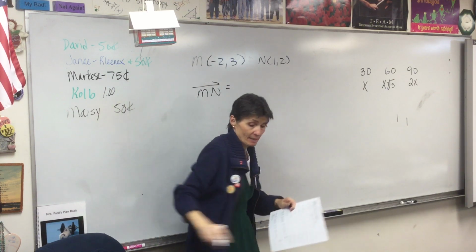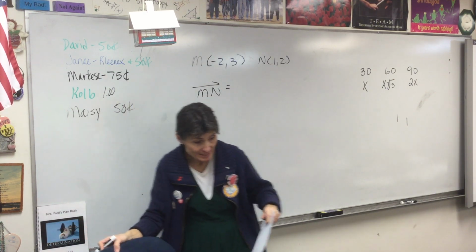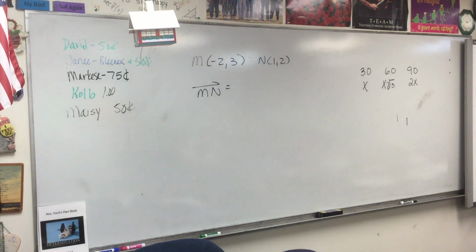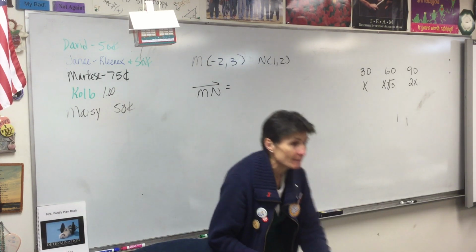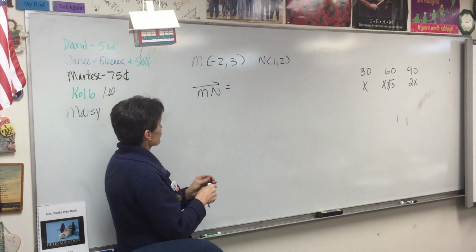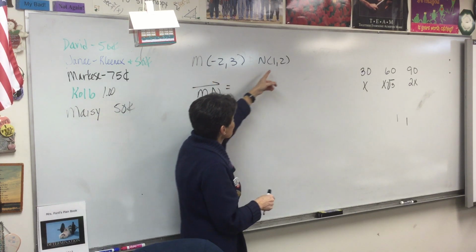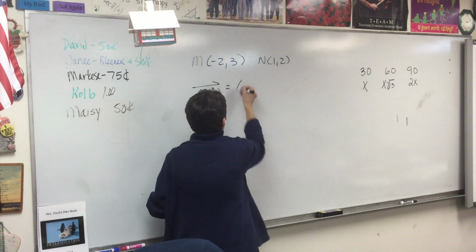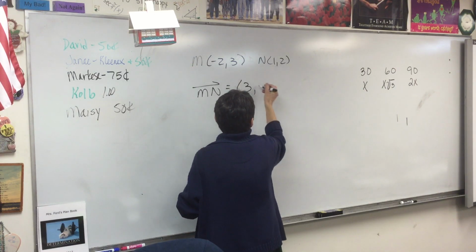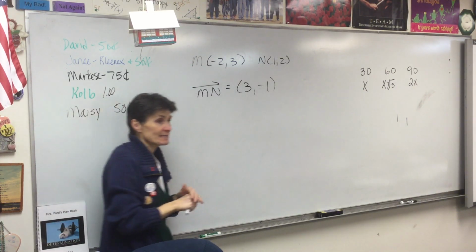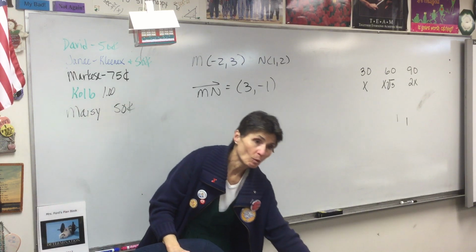Believe it or not, some of you missed this on yesterday's quiz. I'm going to give them back and we're going to see what happened. But remember, we're just talking about moving from M to N. How many steps is that? 3 and -1. That's it. Done. Problem 1. Finished.